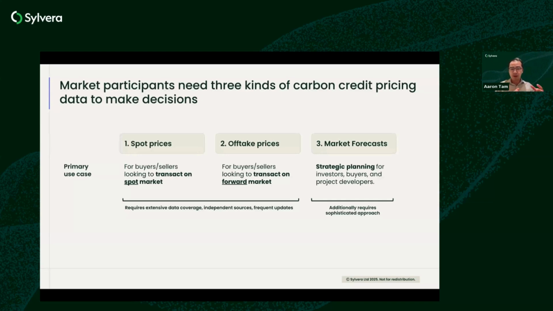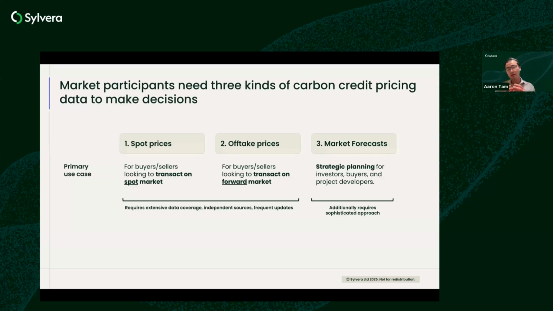For example, spot prices and offtake prices reflect at that given point in time the price that's agreed between a willing buyer and seller. It doesn't tell you anything about how the future market size for a certain product type would look like. It doesn't tell you how a change in CORSIA policy would affect prices, because these are what-if scenarios that cannot be unpacked by actual historical observed data.